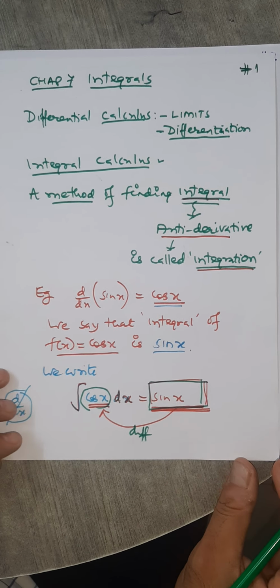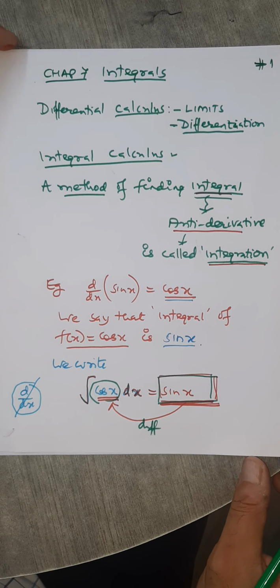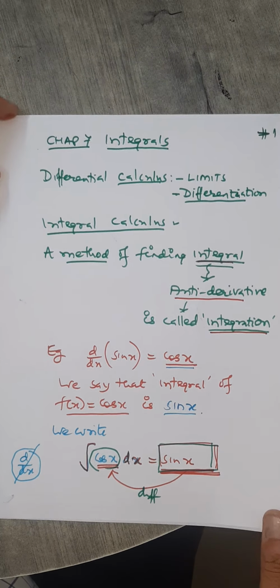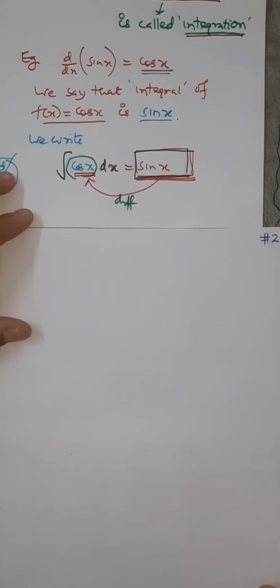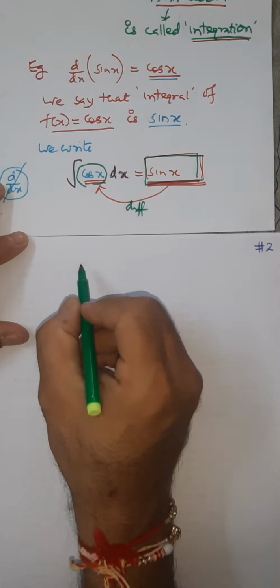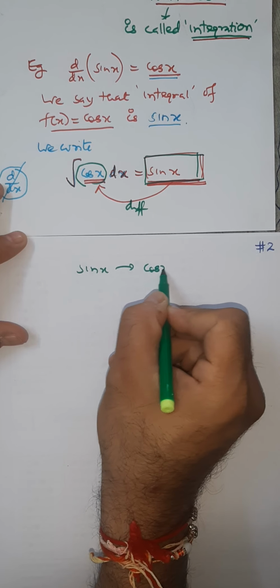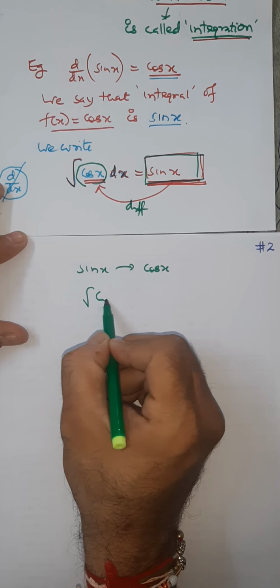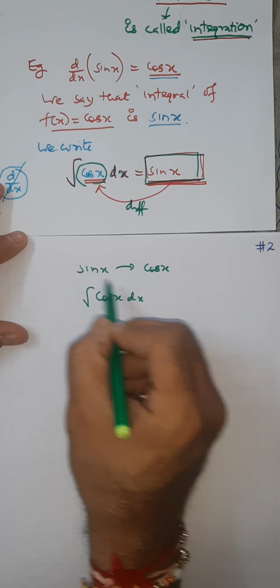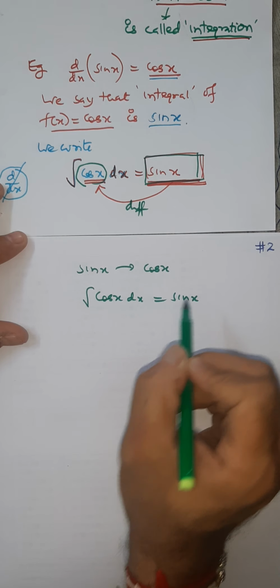This is the meaning of this symbol, remember. If I write the derivative of sin x, I get cos x. That means the integral of cos x equals sin x.